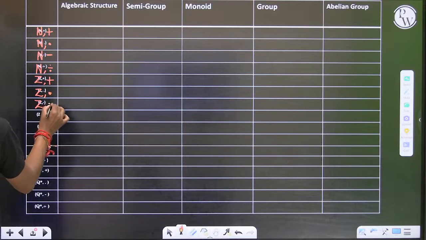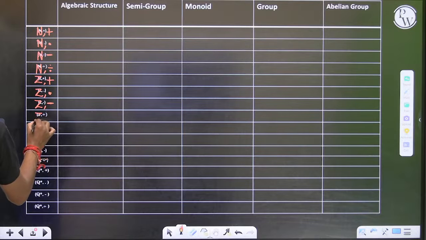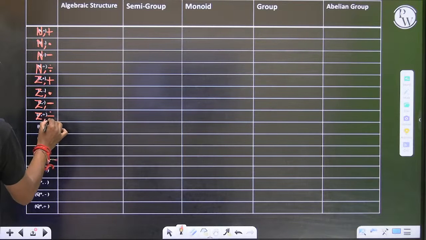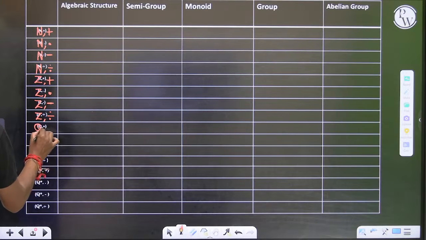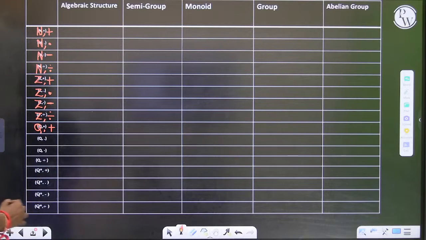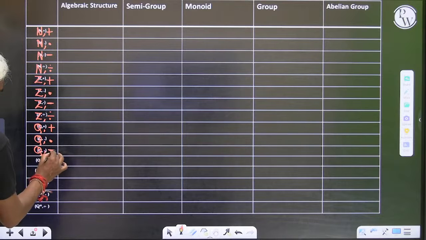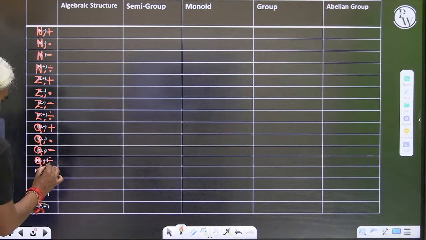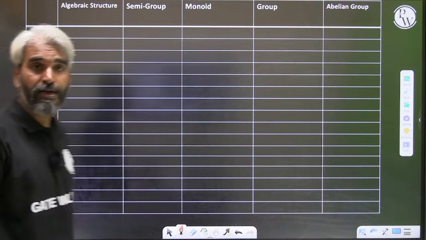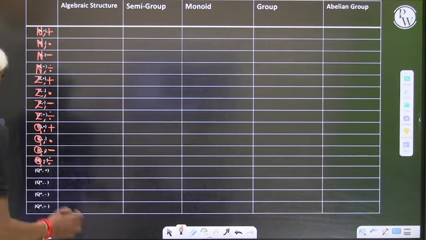Set of all integers with respect to subtraction. Set of all rational numbers with respect to addition. So Q is representing the set of all rational numbers. Now 0 is also a rational number.